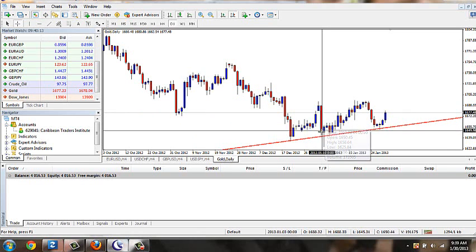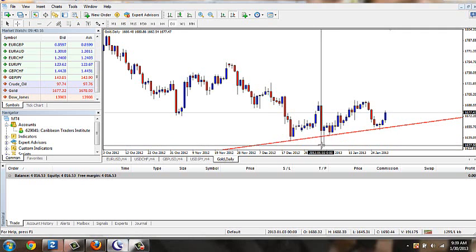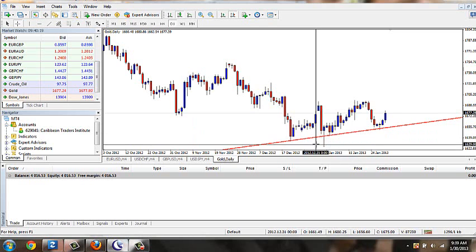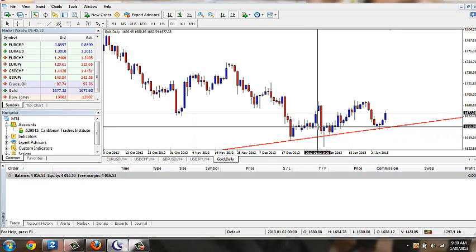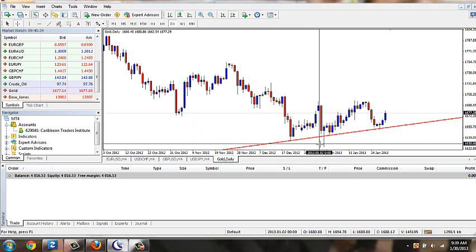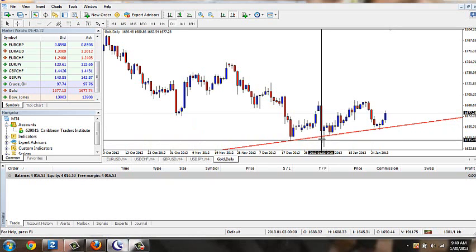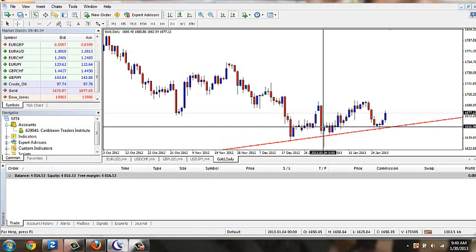Followed by another bearish candle before gold retrace and turn into a bull candle. You realize it is blue, right? So currently, this candle was a bearish candle. It went all the way down to 1626 before turning back and close above the trend line.